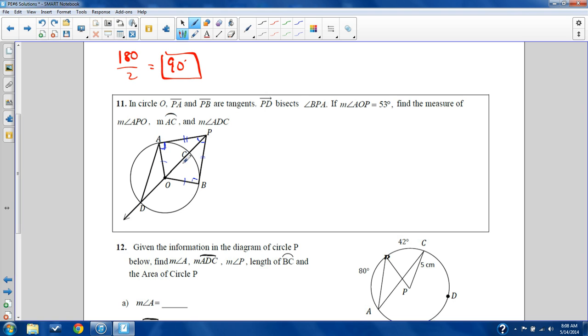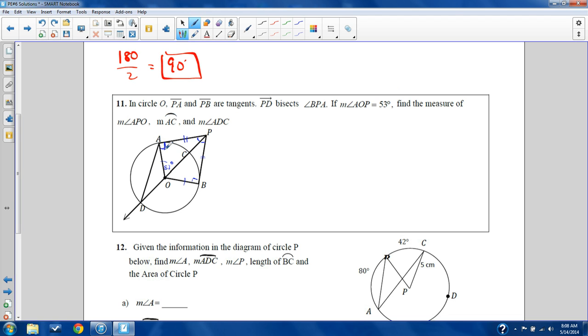We could have also known that by saying it passes through the center. So these are congruent angles. If the measure of angle AOP is 53 degrees, so if this is 53, find the measure of angle APO.